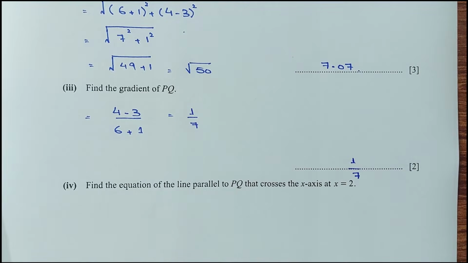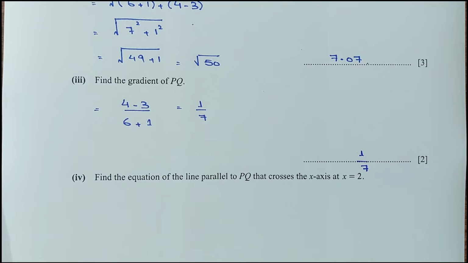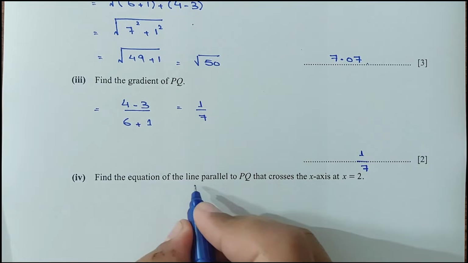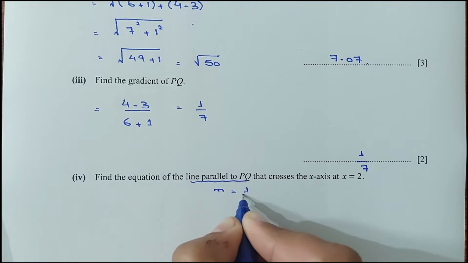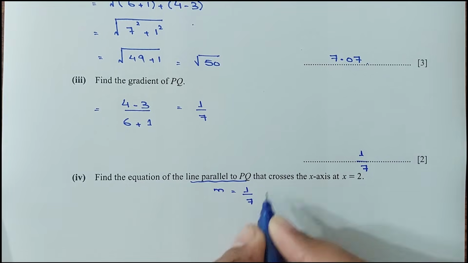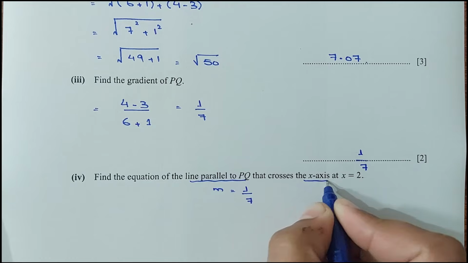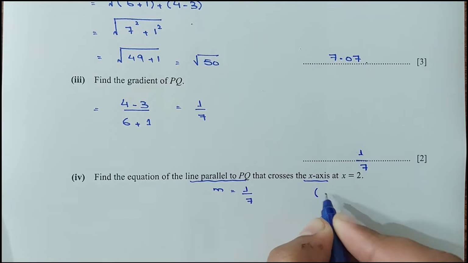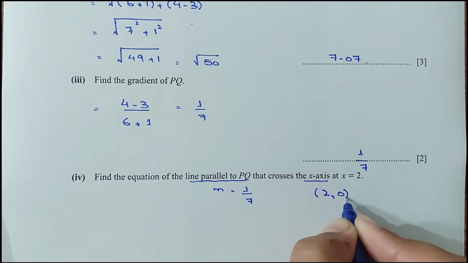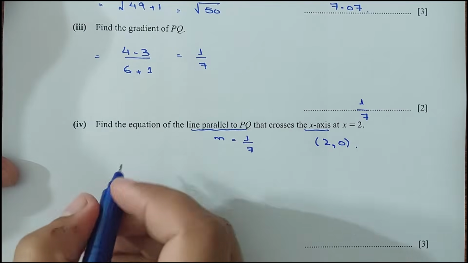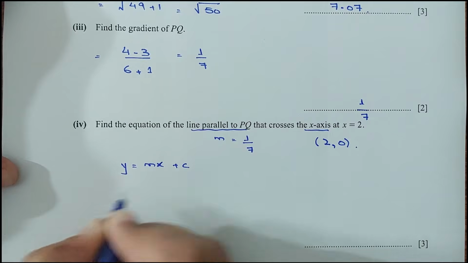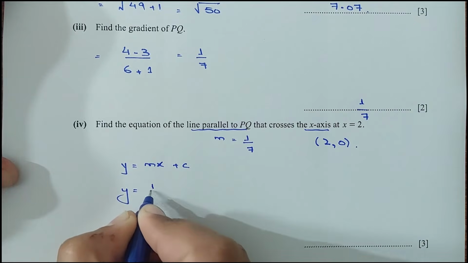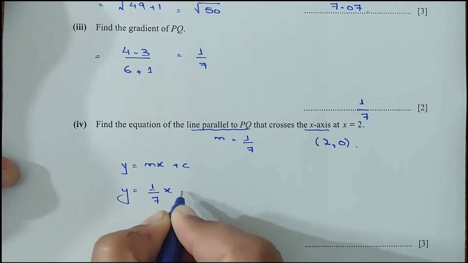Now for part 4, find the equation of the line parallel to PQ that crosses the x-axis at point (2, 0). So if it is parallel to PQ, it means its slope is the same as the slope of PQ. When it crosses the x-axis at point 2, the y-coordinate should be equal to 0. So the equation of a line is y equals mx plus c, right? So y equals, the slope is 1 by 7, x plus c.